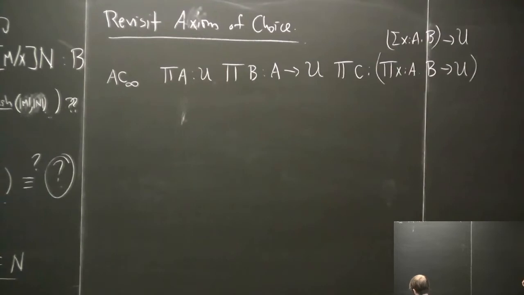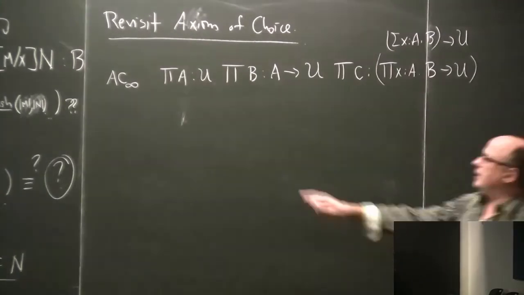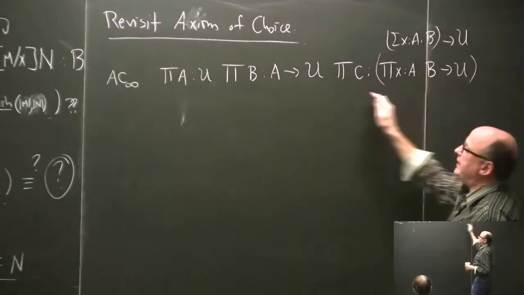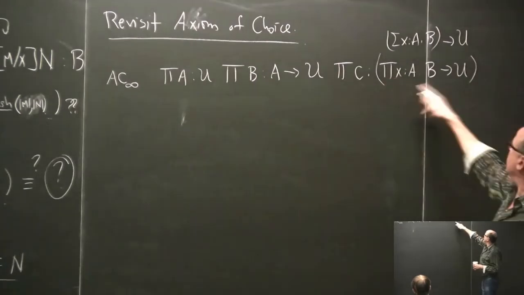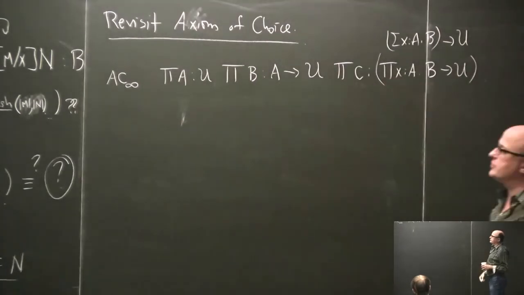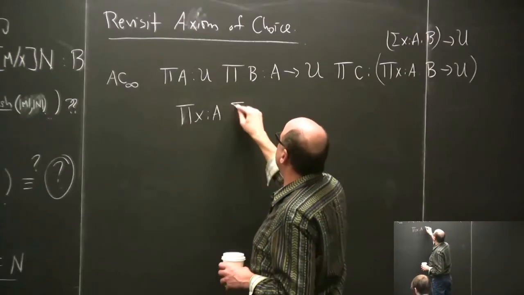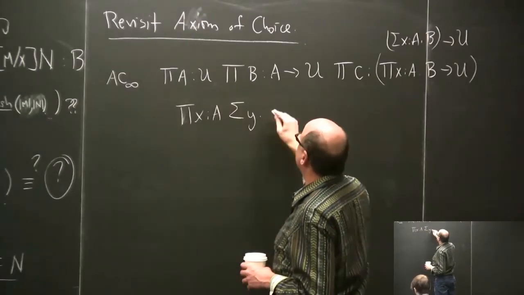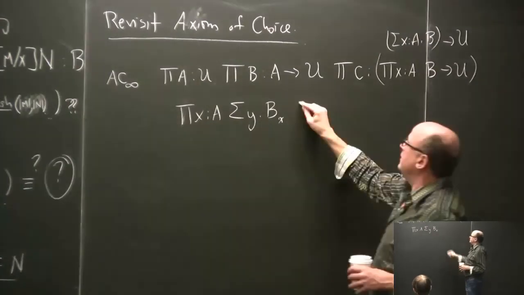In other words, given a relation between A and B, but it's a dependent relation. That is, the type of the second argument depends on the choice of the first argument. If it's a total relation, so if for every x in A there exists constructively a y in B, and remember this depends on x.